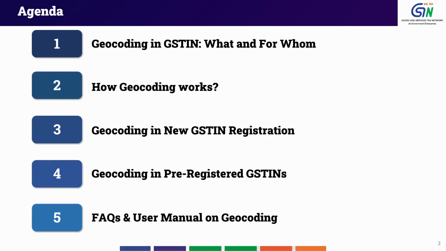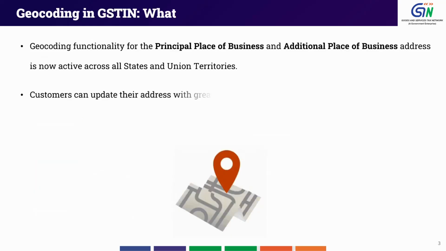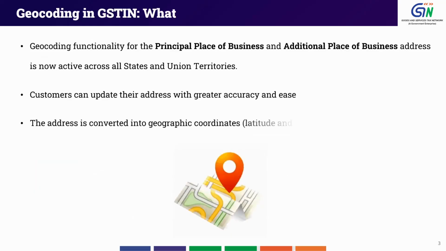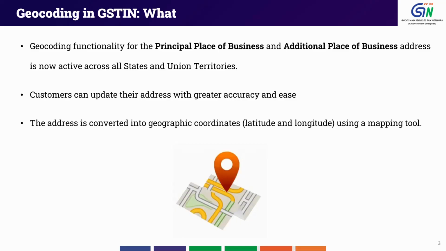I will quickly explain what is geocoding and will take you through the whole process of geocoding. So let's get started. First thing first, when we talk about geocoding, the functionality is currently active for principal place of business and additional place of business address for all states and union territories.